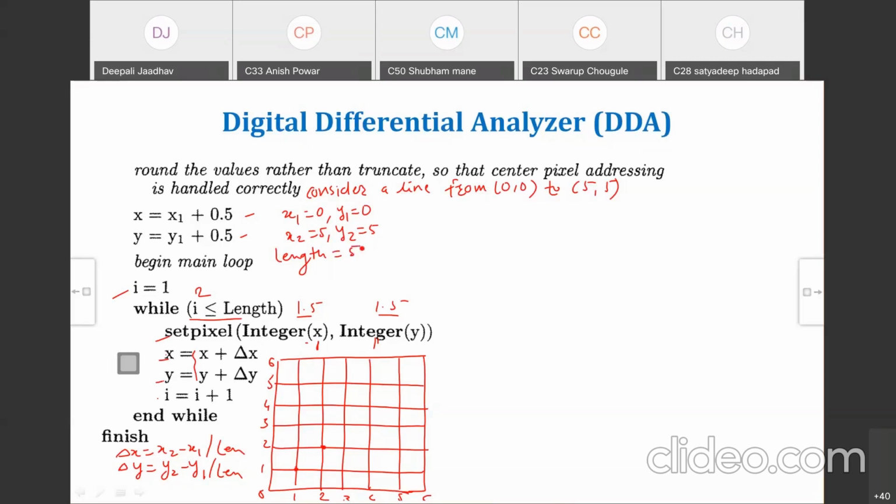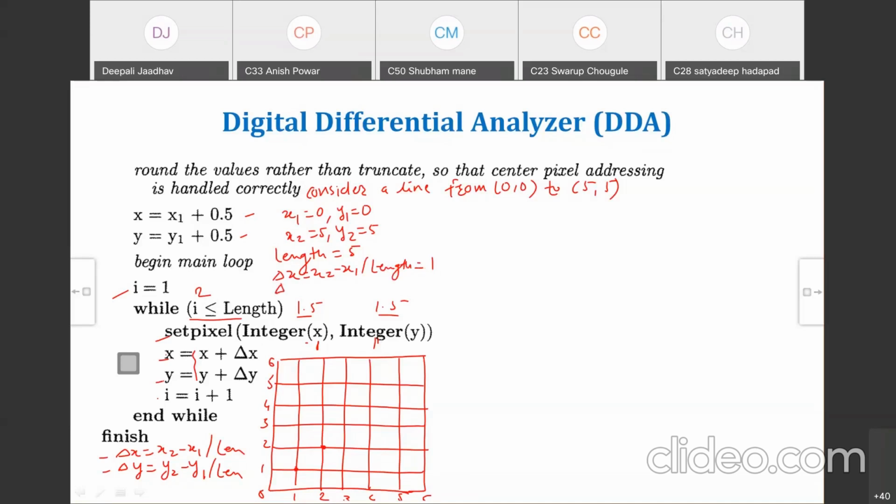Then after calculating the length, next we need to identify the value of delta x and delta y, because those values we are going to use to find out the next pixel or next unit on the raster. The equation of delta x is x2 minus x1 divided by length. So x2 minus x1, 5 divided by 5, correct? So it is 1.